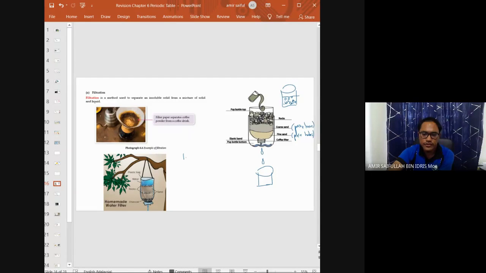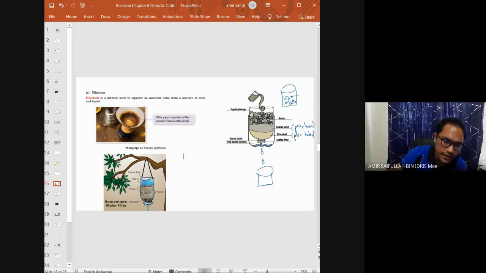To separate water from solid objects, such as... So the advantage is we can separate them. Okay, sand, dirts. So what do we get at the end?